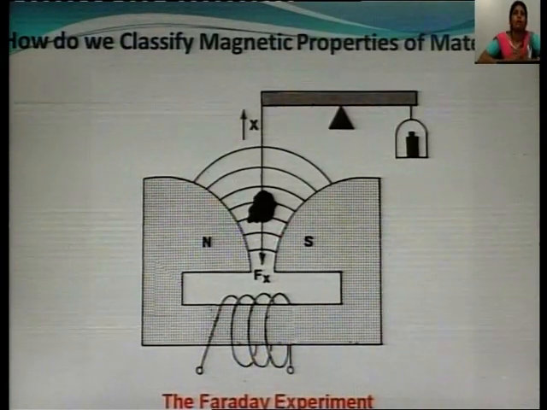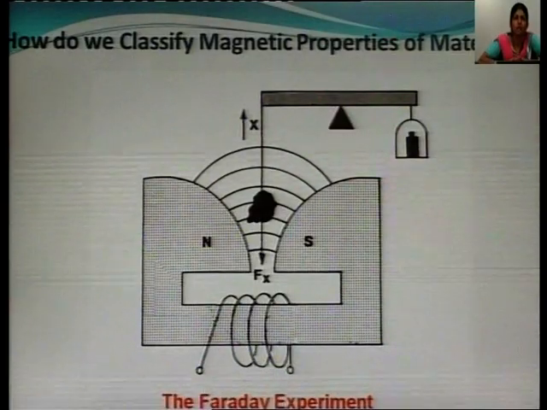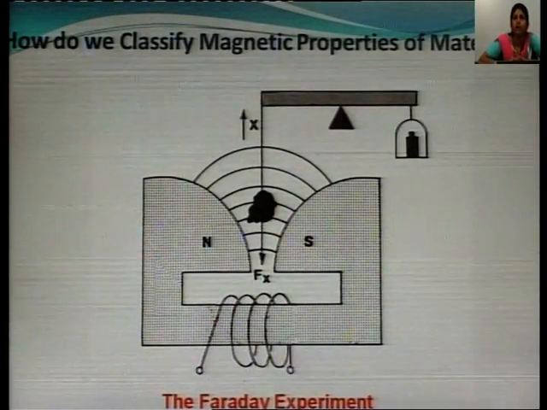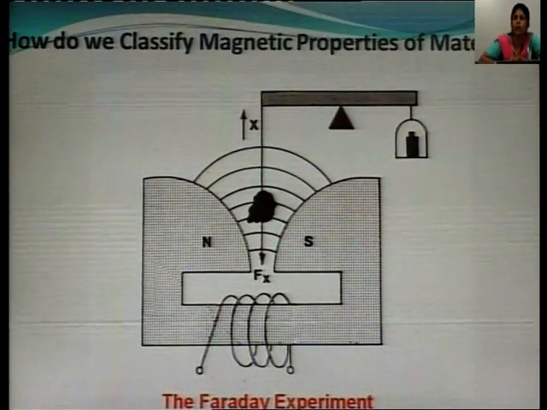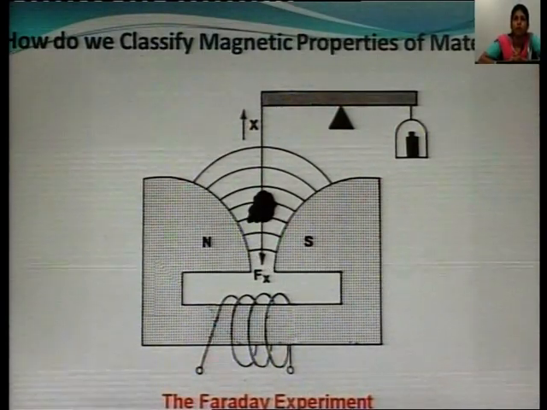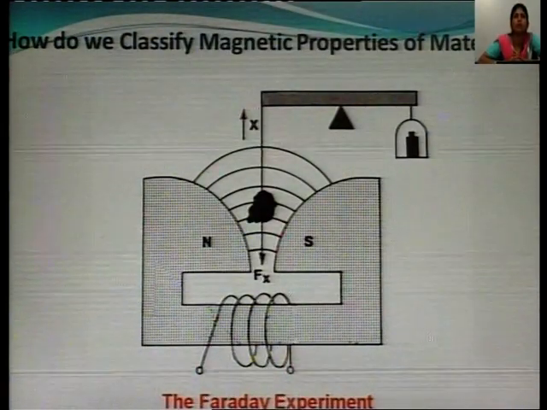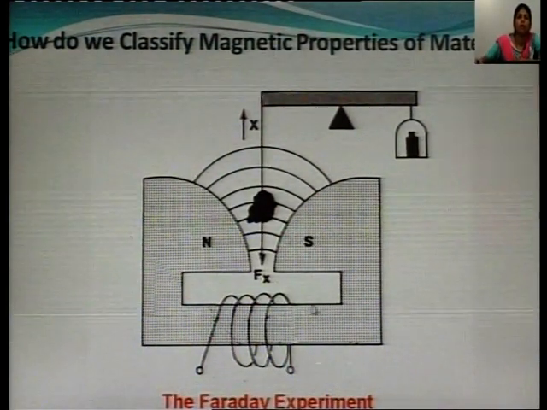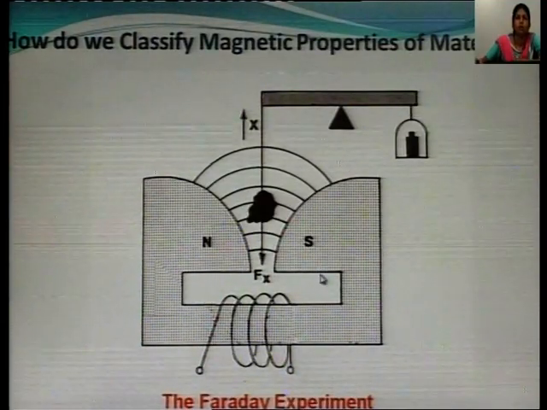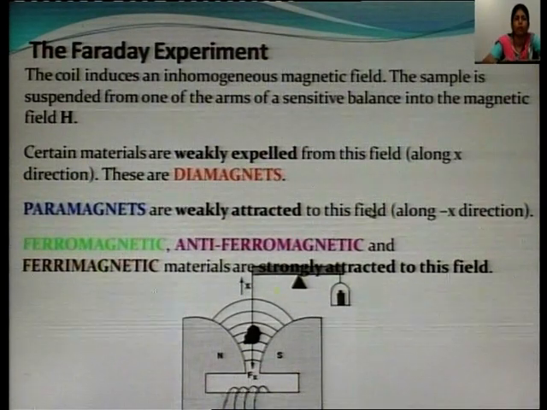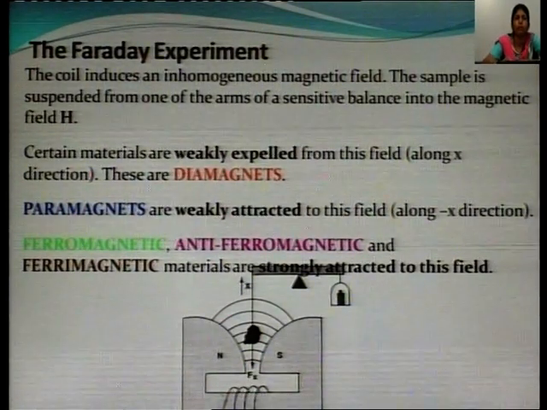Now the next slide is how do we classify magnetic properties of material, whether it is a strong magnet or weak magnet. This can be done with the help of a Faraday experiment. So this is the apparatus you are seeing on the screen. This is Faraday's experiment.